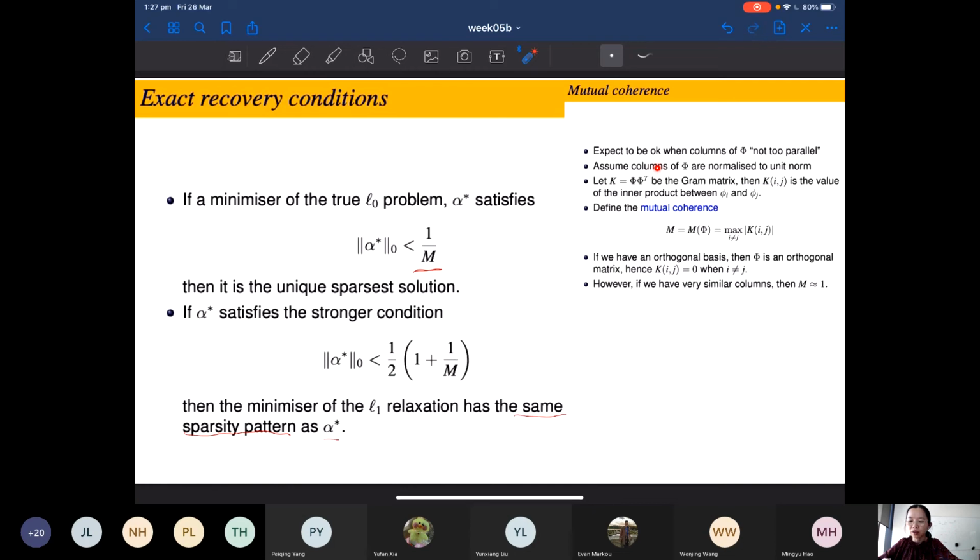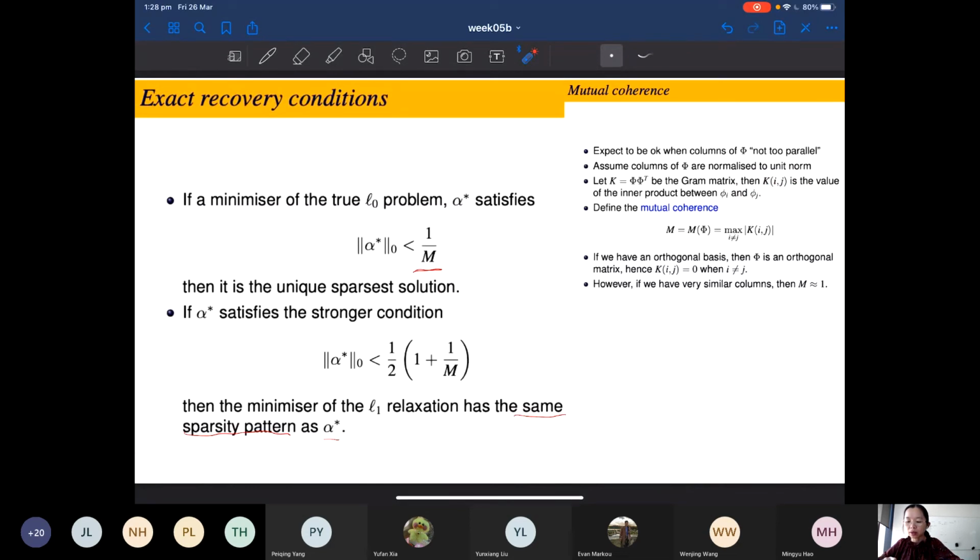And then if we assume the columns of the basis functions are normalized to unit length, we can talk about the inner product matrix of phi. It's called the Gram matrix, but don't worry about it too much. We'll cover this when we talk about kernels. Then the values of this matrix are the inner products between the i-th and j-th components of phi.